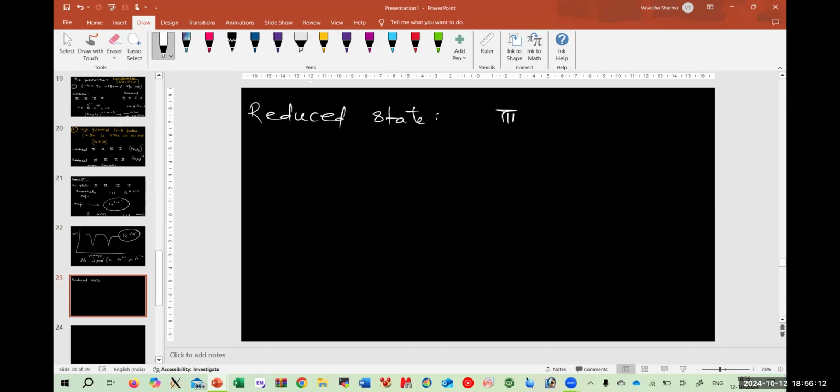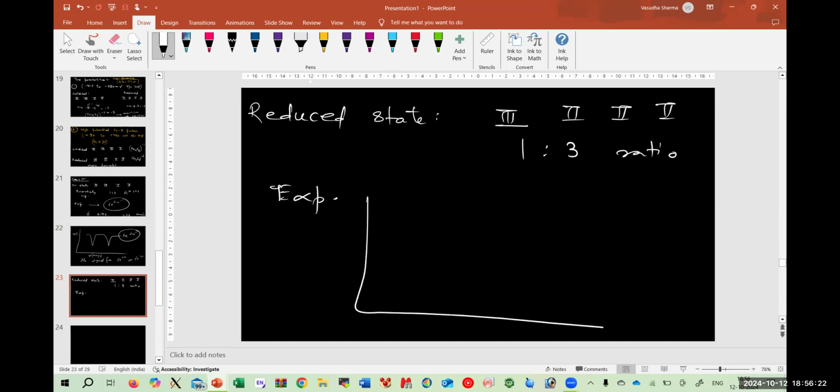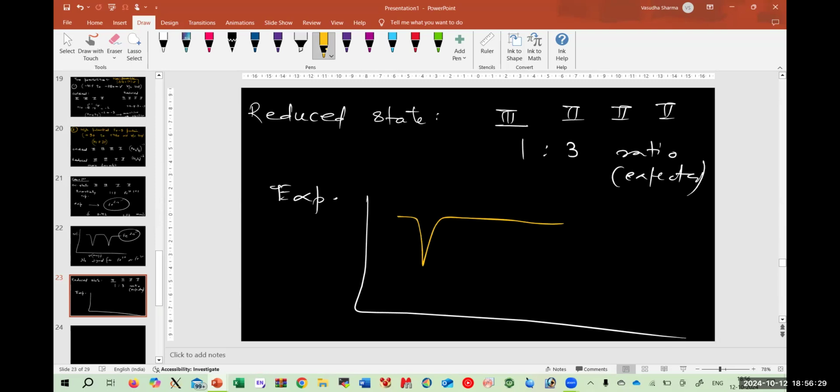In the reduced state, it is expected to be 1 Fe3+ and 3 Fe2+. That means a 1:3 ratio is expected. But what actually comes experimentally is a 1:1 ratio.